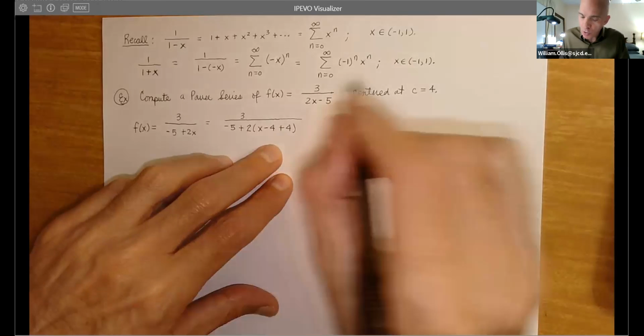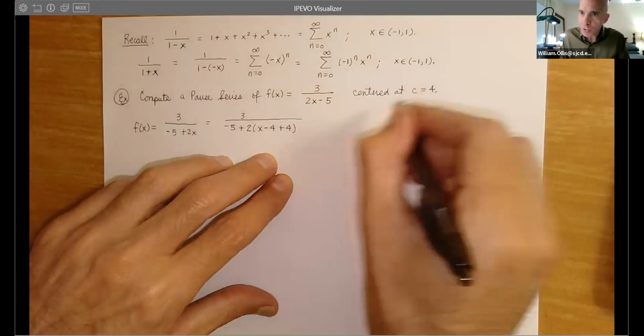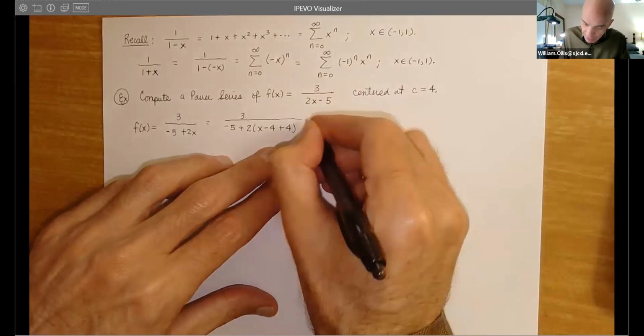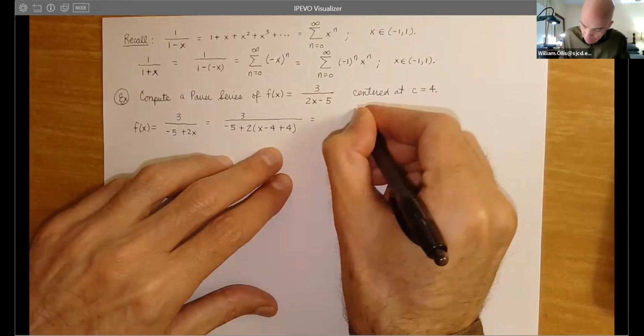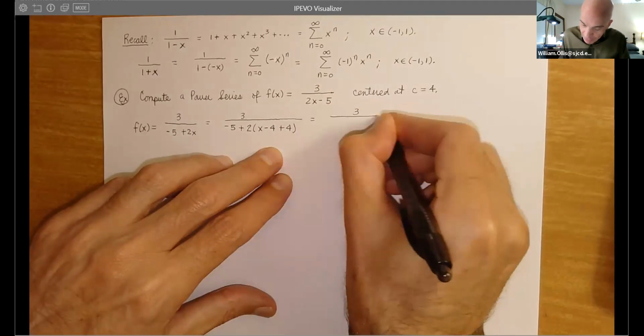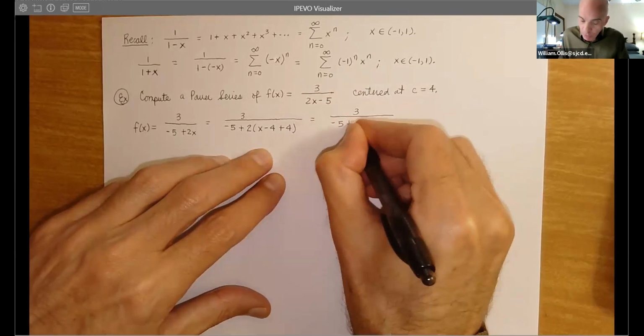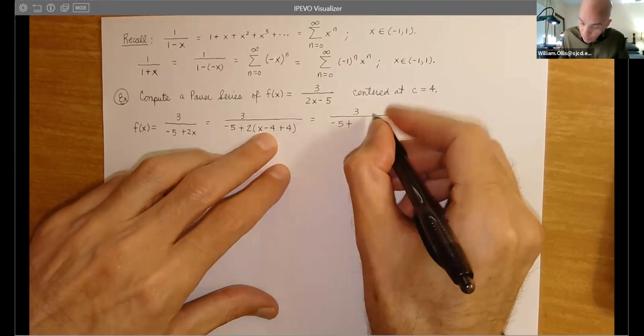So again, when you start problems like this where the centers are changing, do the center first. Now let's clean this up. So we have a -5, and now we've got a 2 times an x minus 4.